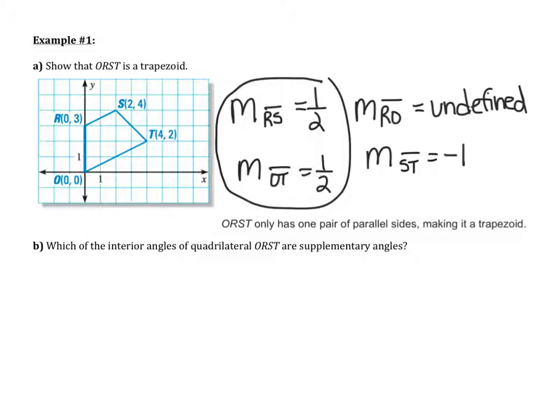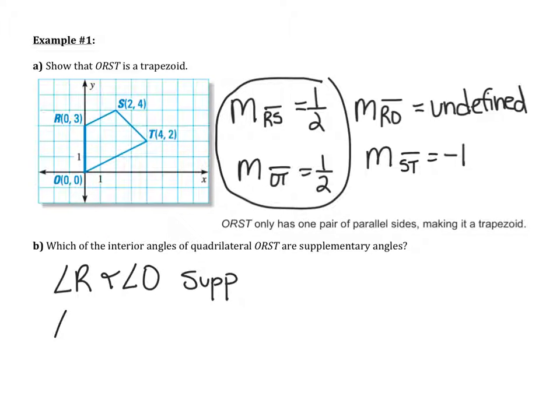Remember, consecutive interior angles are supplementary. So angle R and angle O are supplementary, as well as angle S would be a consecutive interior angle with angle T, since they are formed by two lines that are parallel cut by a transversal. They're on the same side of the transversal, and therefore they're supplementary.